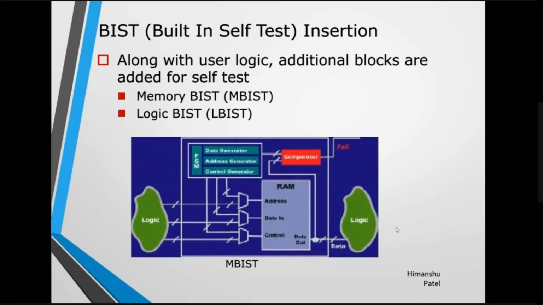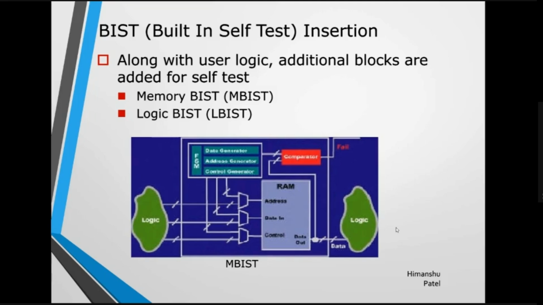Next, it will target the logic, and based on the logic, it will automatically apply the input and check the output. So there will be a comparator section which will compare both the input and output, and it will give you the output. If it passes, it passes. If it fails, it fails. So that response you will get.